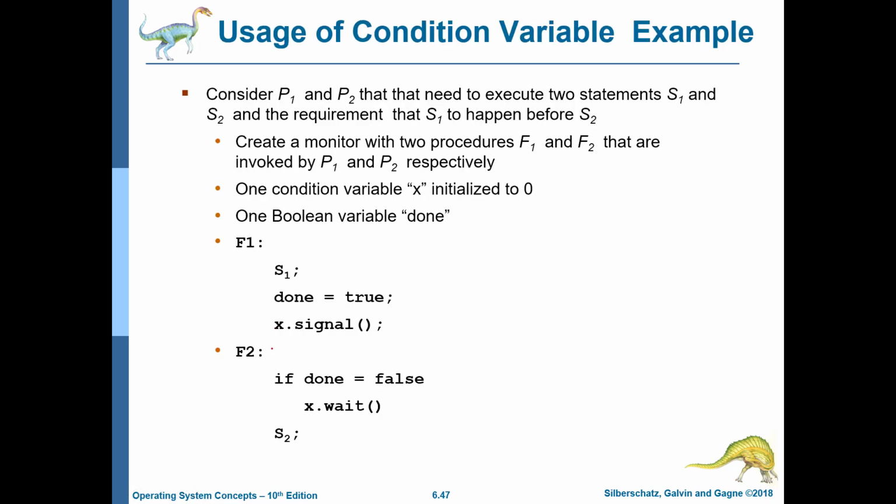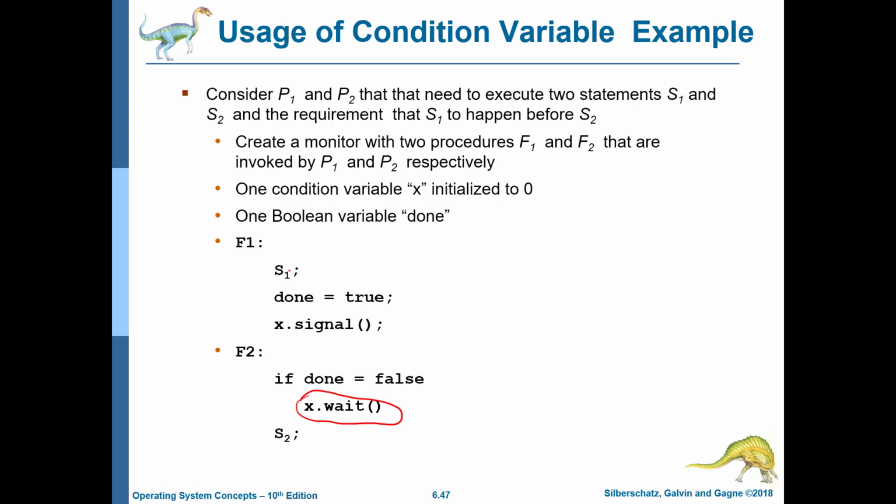This is what was shown, the difference between waiting outside and waiting inside: you have x dot wait. In this case, you are waiting on the conditional variable, but you have relinquished the lock for the monitor, because if you don't relinquish the lock, then nobody else will come in and nobody else will be able to signal you.